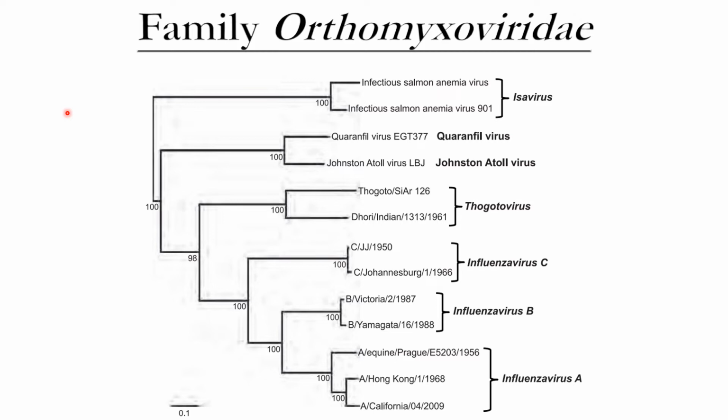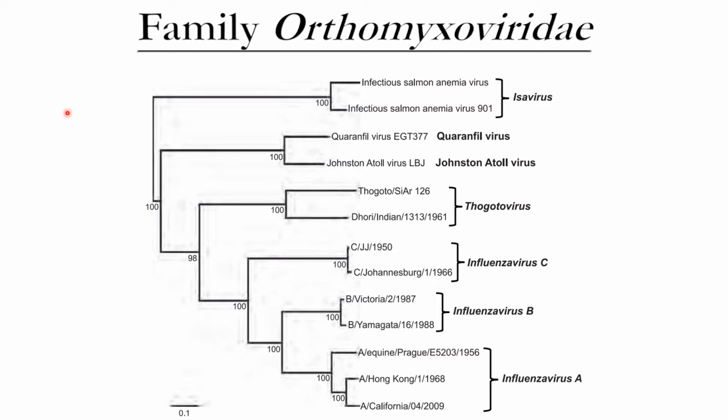However, reassortment between members of different genera has never been reported. This absence of genetic exchange between viruses of differing genera is one manifestation of speciation as a result of evolutionary divergence.